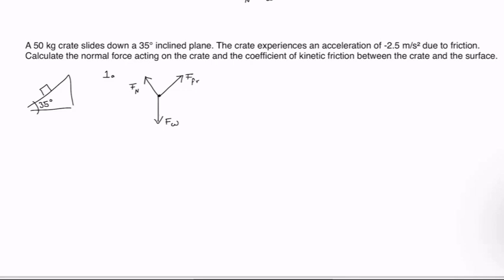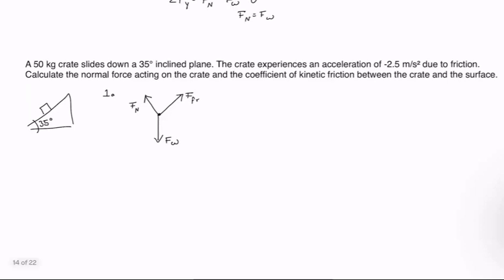In this case, it doesn't say that somebody is pushing the crate or pulling it in any direction. Therefore, we don't have an applied force itself. Okay. Now we said that since we have a motion here that is both on the x and on the y-axis, it is much easier to switch the vectors to sort of flip them over.